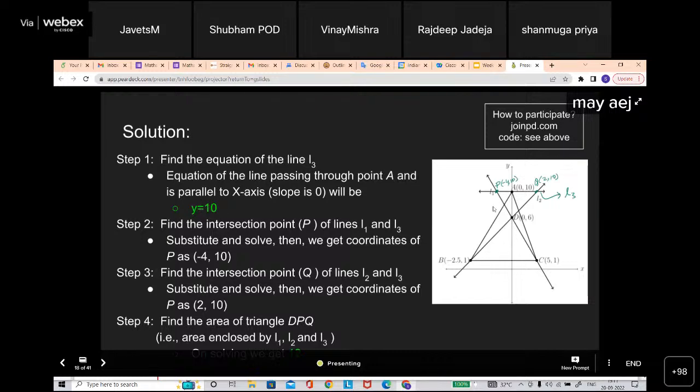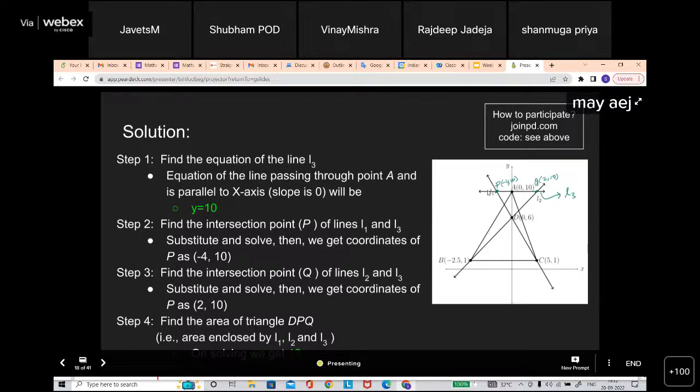Once you have y = 10, you already have the equations of the other two lines. Just substitute y = 10 in those equations. You will get x = -4 for this line, and when you substitute in the equation for the other line, you will get x = 2.